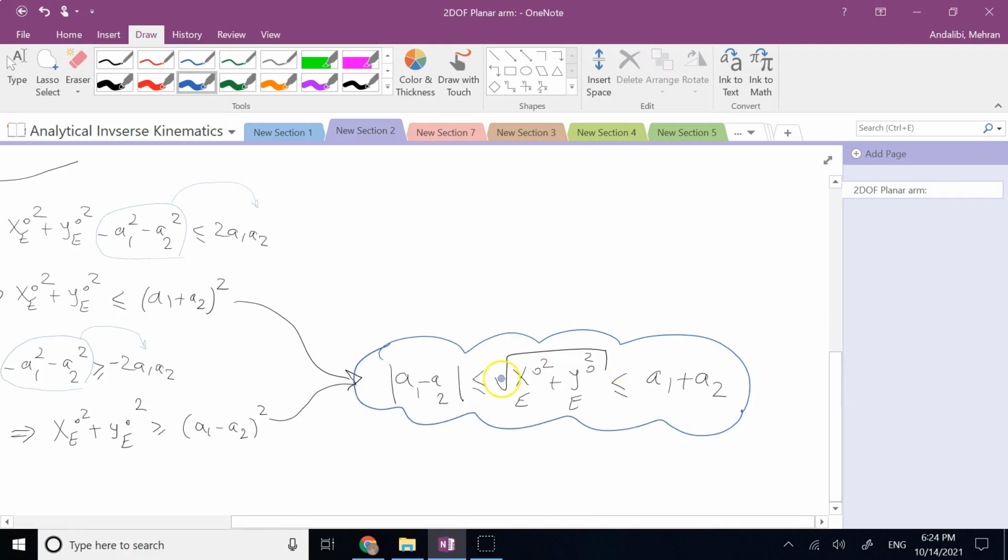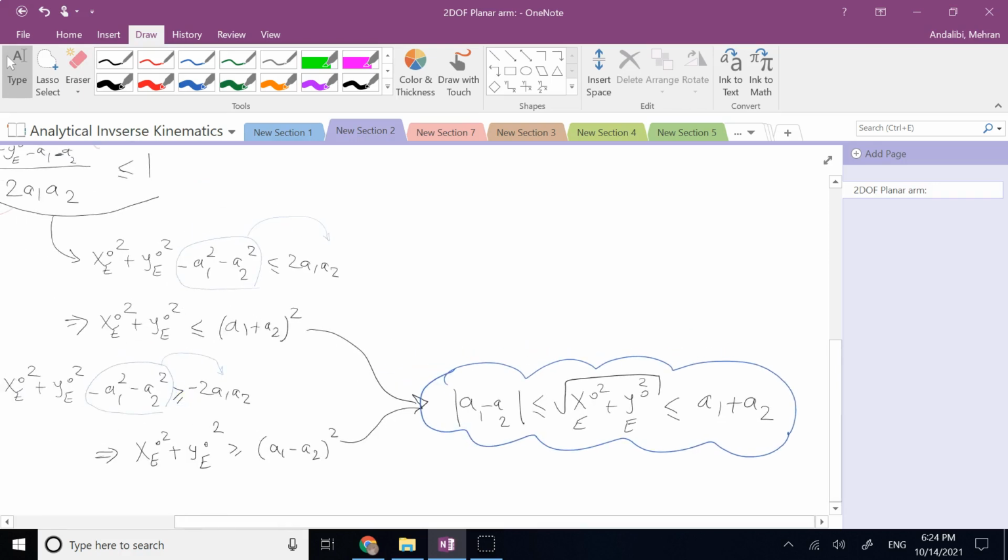So this is the general condition for having any solution. But again, equality means one solution, you are on the boundary. Inequality means two solutions, elbow up, elbow down. And if it's outside this range, it means there is no solution, okay? And the exceptional case is when a1 is equal to a2 and you want to reach origin.